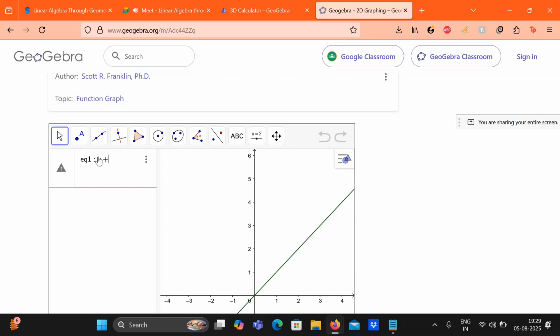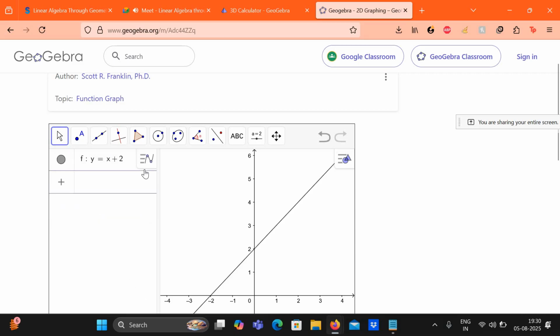This is y equals x plus 2. And I'll add another line to it: x minus y equals 3.